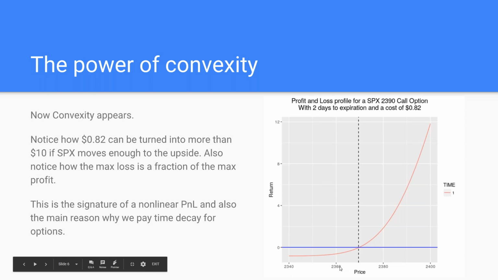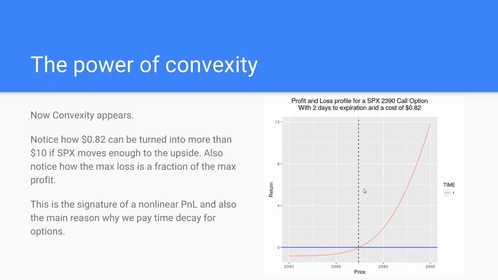The x-axis contains the different prices that SPX could take at that time, and the y-axis represents the profit of the trade in dollars. This trade in particular was only 82 cents, and it was 82 cents because the option only had 2 days to expire.